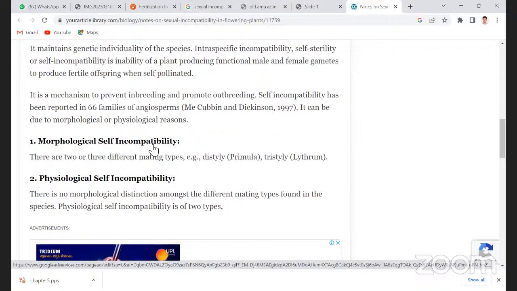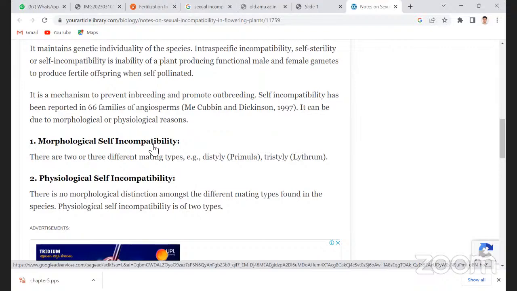It has a mechanism to prevent inbreeding and promote outbreeding.